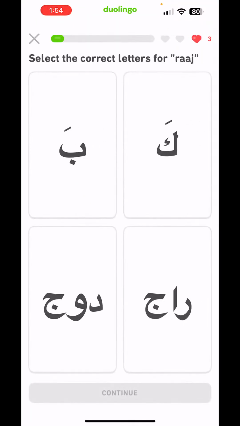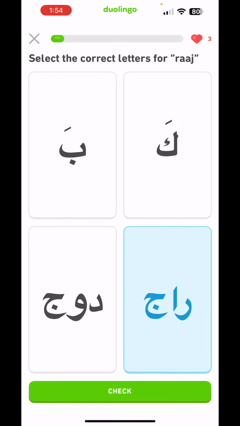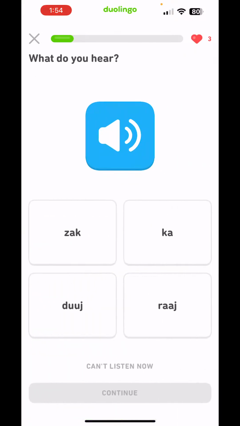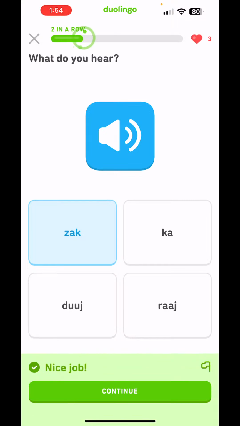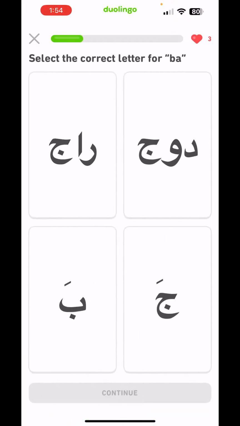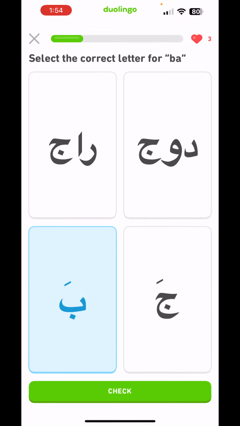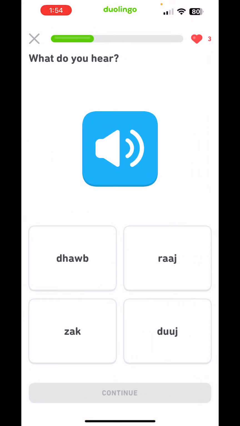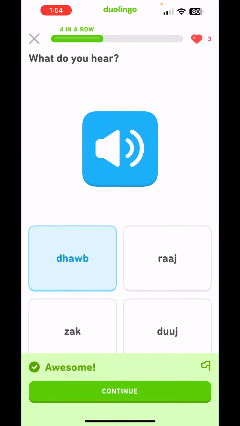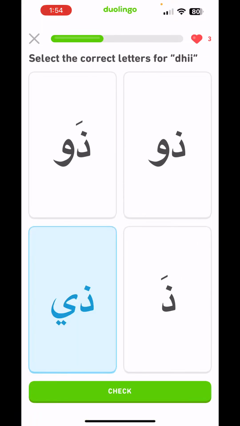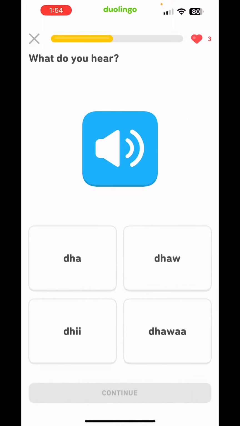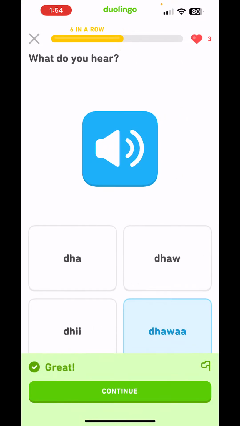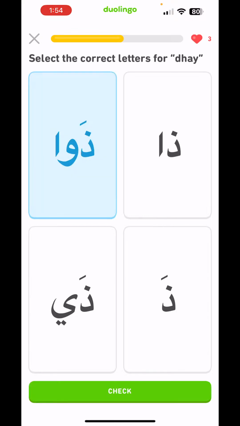Identifying names. Raj. Zach. Ba. Oh. Go. Dee. They. No. They.